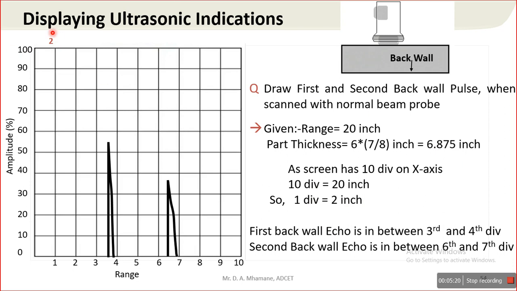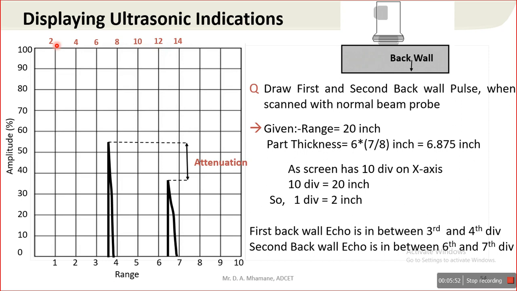So concentrate here. First division has value 2 inch. Second division has value 4 inch. 6 inch is the value of third division. Fourth division has value 8 inch. Fifth has 10 inch. Sixth has 12. Seventh has 14.